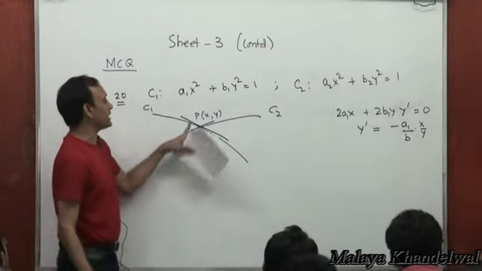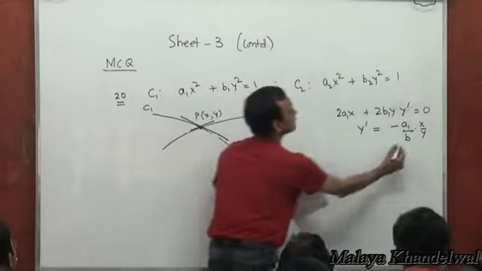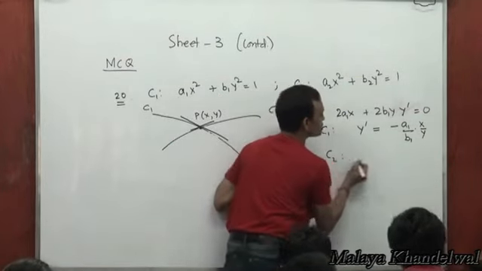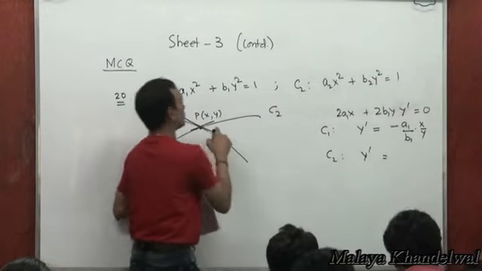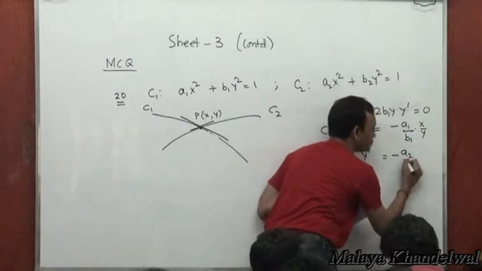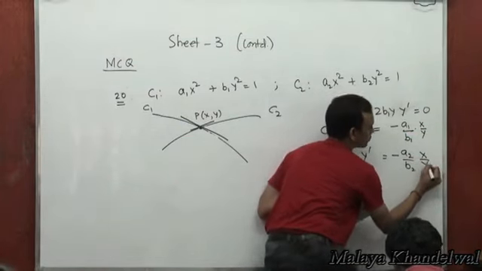That would be the slope of the tangent at (x, y) for one curve. Yes or no? This is for C1. For C2, the slope of the tangent at (x, y) would be similarly minus a2 by b2 into x by y. Right?